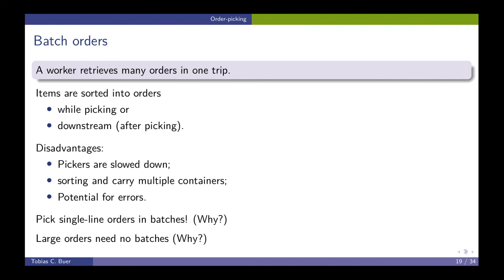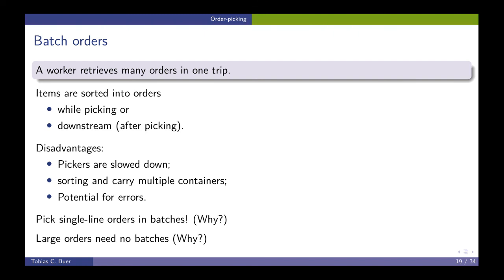The other type of orders which are easy to pick are large orders. For large orders, we do not need batches because one picker has already enough work to do to get all the items of this large order, so the utilization of his time will be very good by just focusing on the large order.